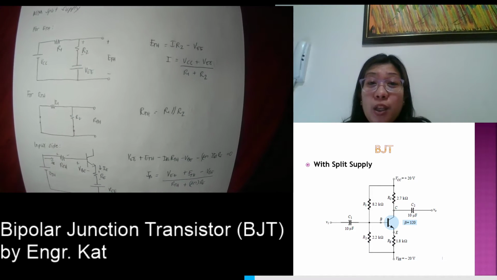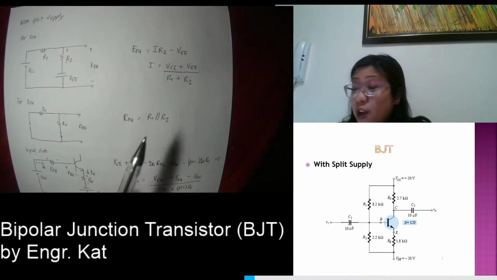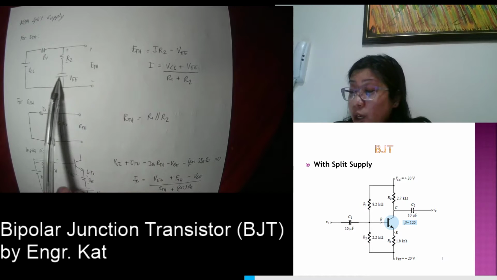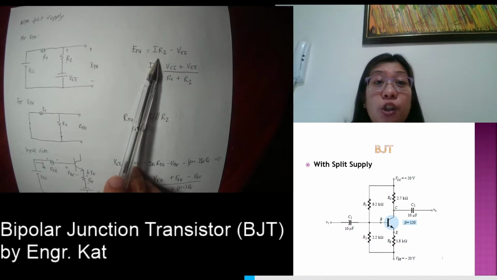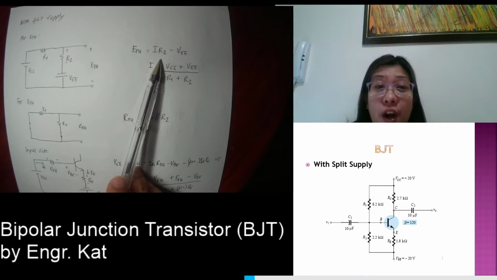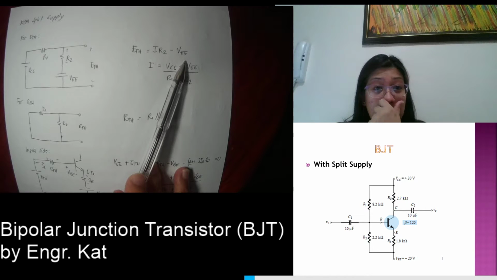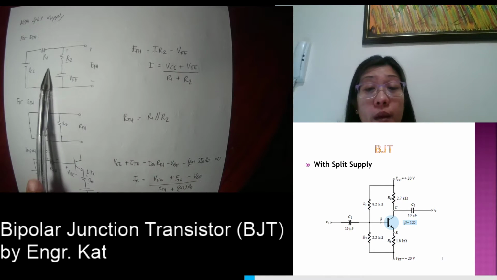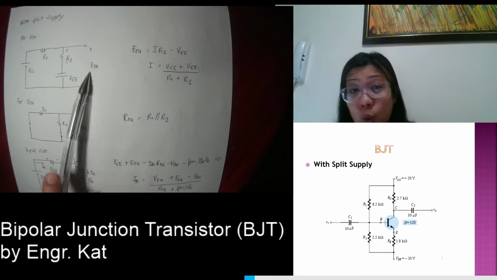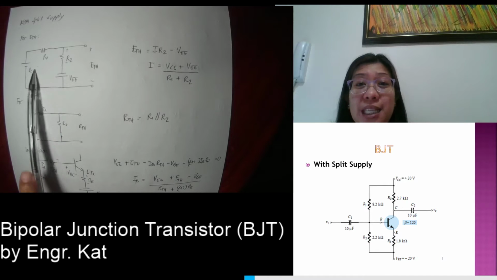So what happens when we have that? It is not additive. Your ETH is the voltage across R2, which is the current flowing across R2 multiplied by R2, then minus your VEE. Okay? So what is the current flowing across your R2? Since this is an open circuit, this loop here becomes a series circuit.